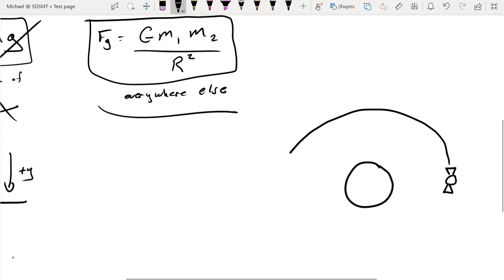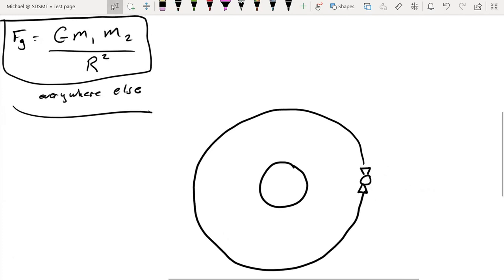In fact, we've already had a similar discussion to this. The Earth has a certain radius, r of e. We can say that the rest of this distance would be the altitude that our satellite is above the Earth.